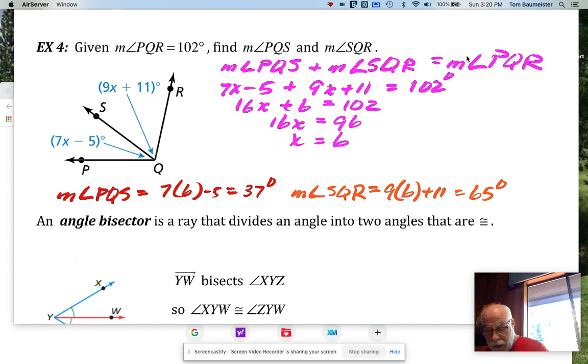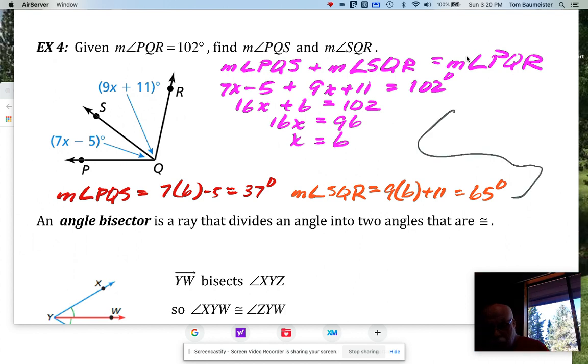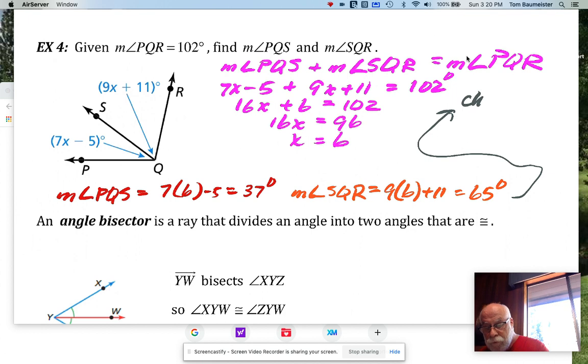And then why don't we say, as a check, because, you know, I always tell you, you can always check your answer. Does 37 plus 65 equal 102? Well, yes, it does. So it checks.